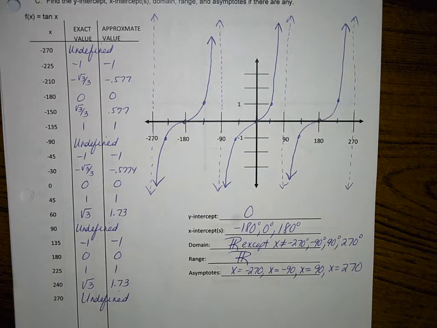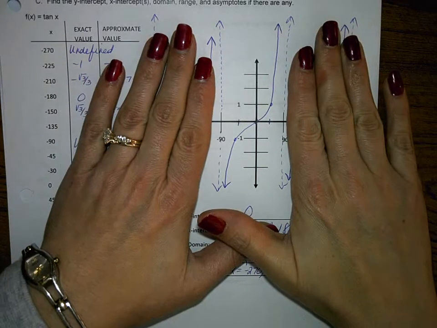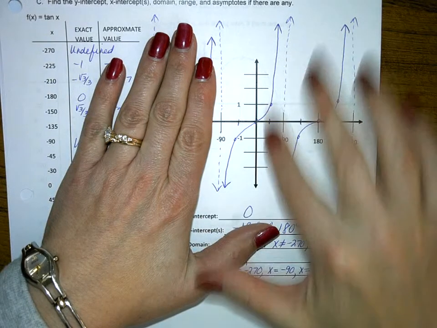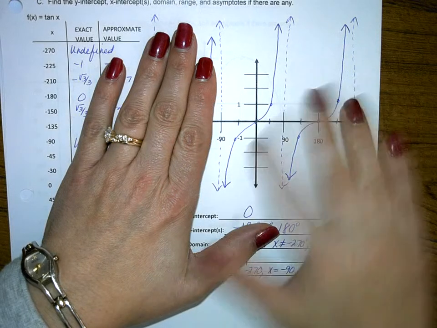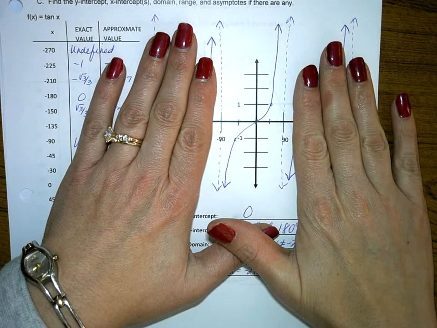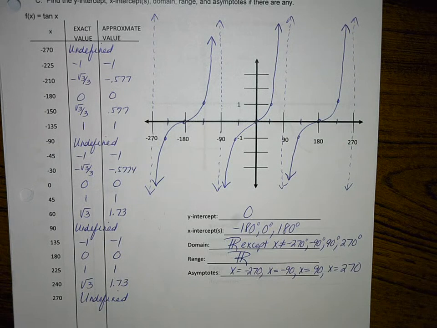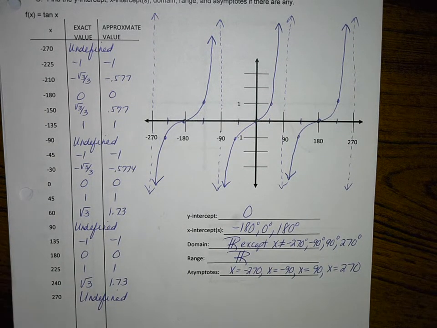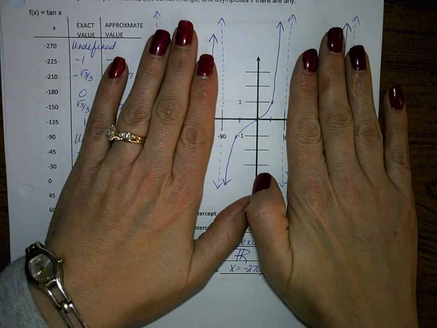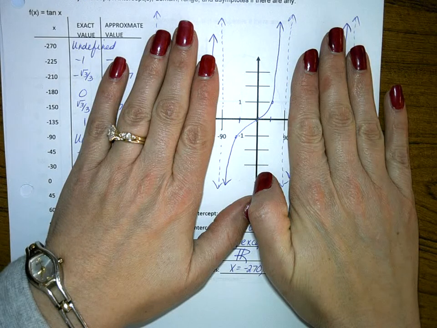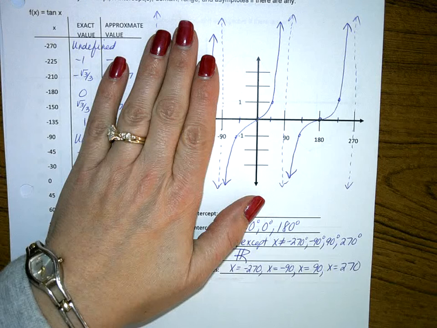It's in the middle. My first cycle for tangent, half of it is to the right of the y-axis, half of it is to the left. So that is one fundamental difference with tangent. In addition, tangent always goes through the point 0, 0. So that is going to be a clue for us.